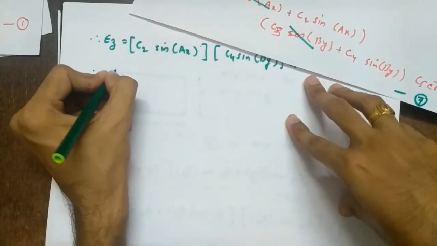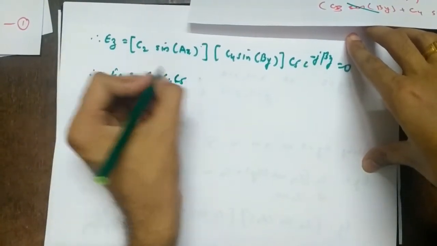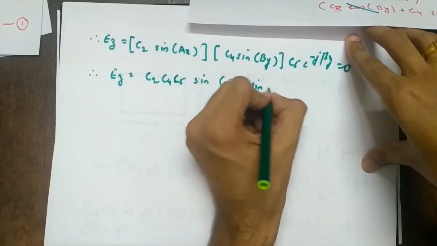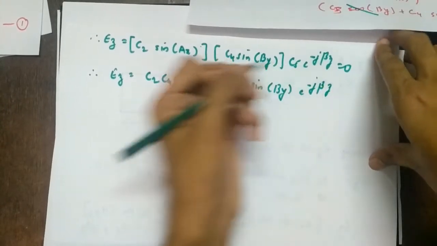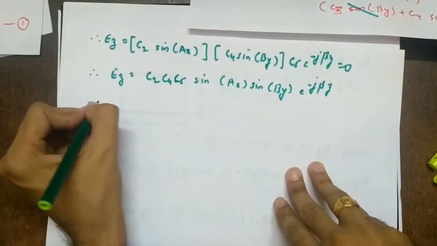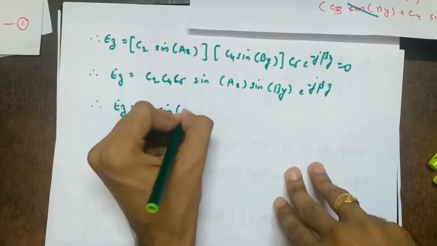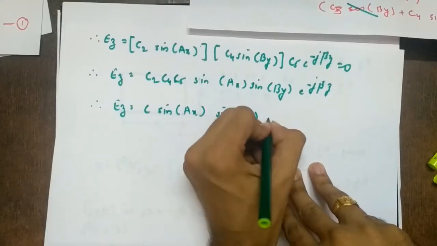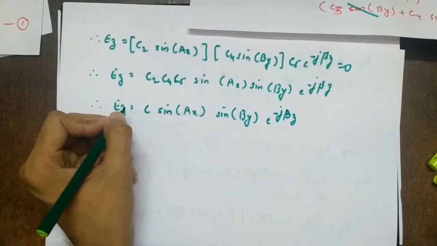So therefore Ez equal to C2 C4 C5 sin of Ax sin of By e raised to minus j beta z. I am collecting the constants. So these are nothing but constants, so let's combine them into one constant. Therefore Ez equal to C sin of Ax sin of By e raised to minus j beta z, right?